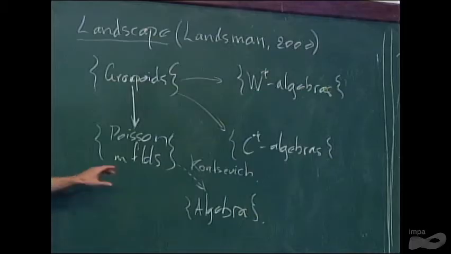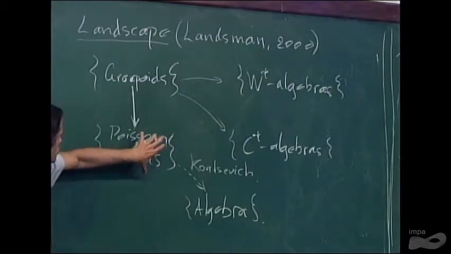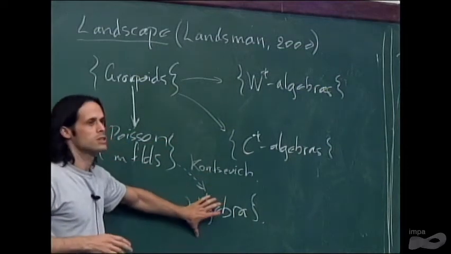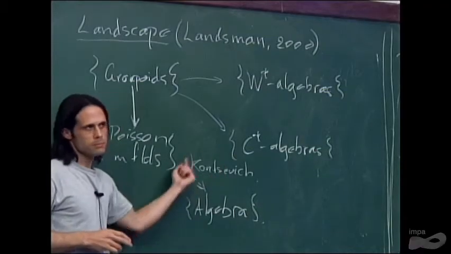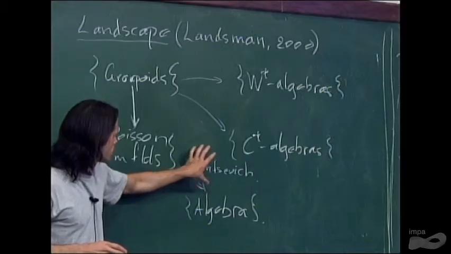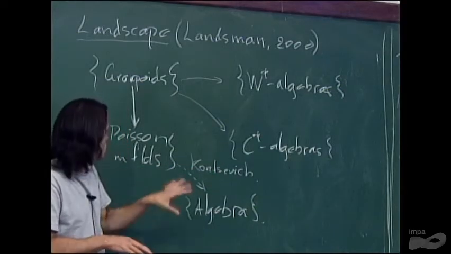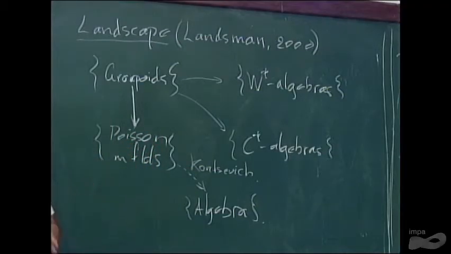But there is a detail here. Essentially, you take a Poisson manifold and you have a way to construct a non-commutative algebra associated to it via a procedure done by Kontsevich. But the point is that Kontsevich actually pushed us outside this a little bit, and we have to consider formal Poisson structures.